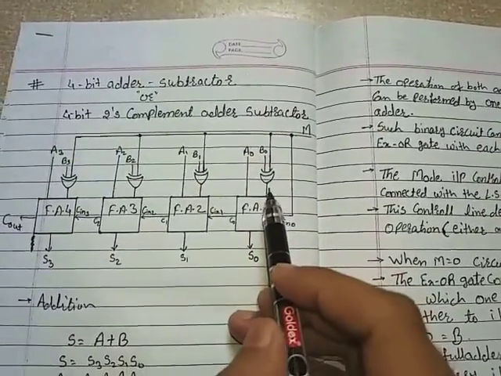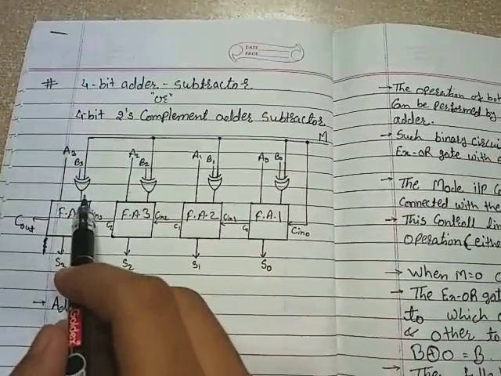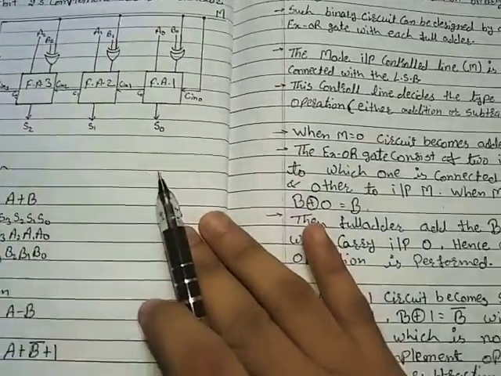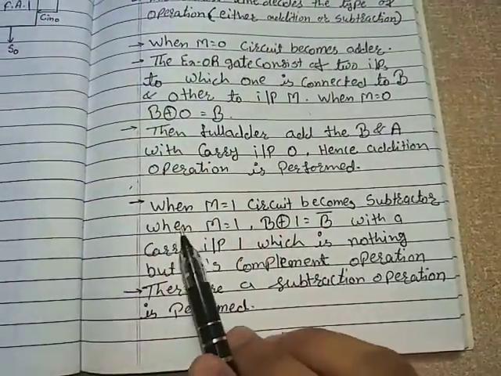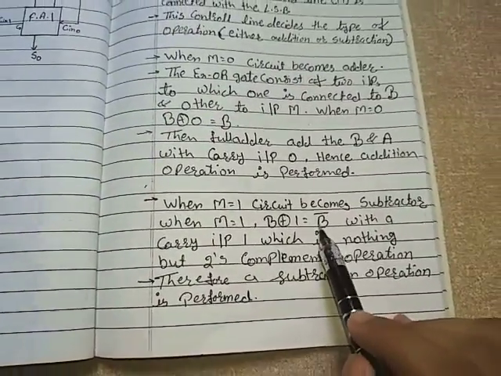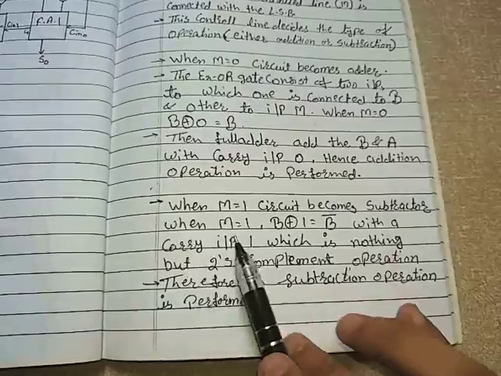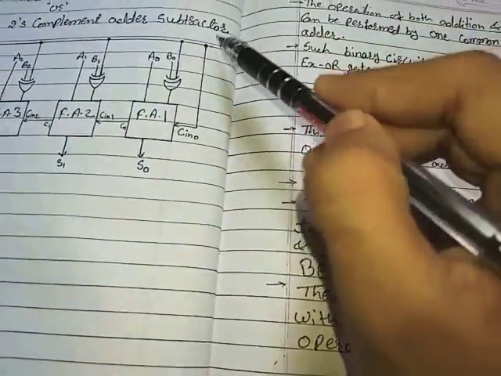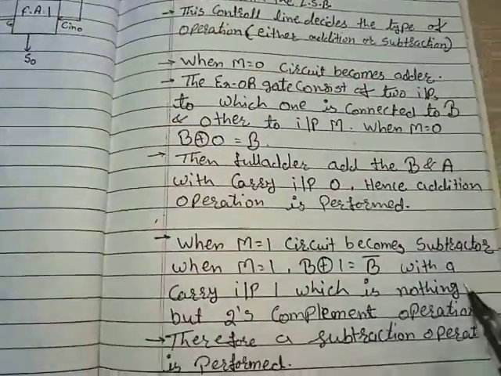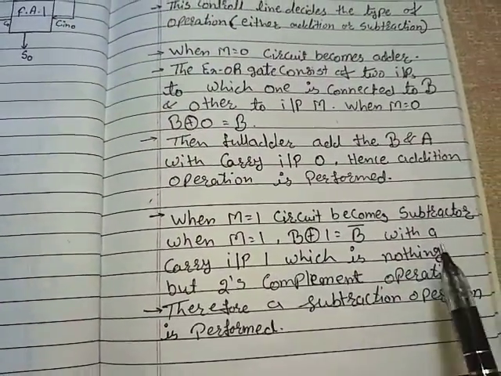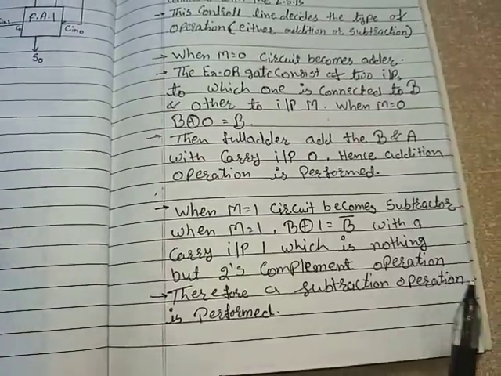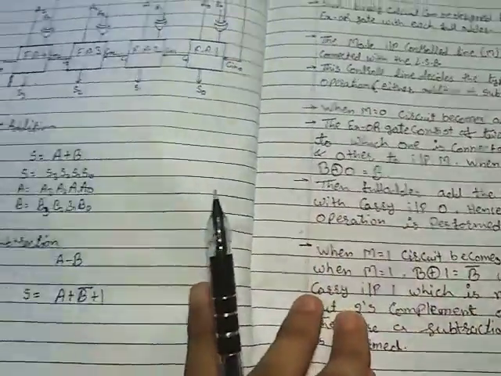So here we get B bar at the output of each XOR gate. When M is equal to 1, B XOR 1 is B bar, with carry input 1. That is Cin 0, which is 1, and it is nothing but the 2's complement operation. Now let's see how it is a 2's complement operation.